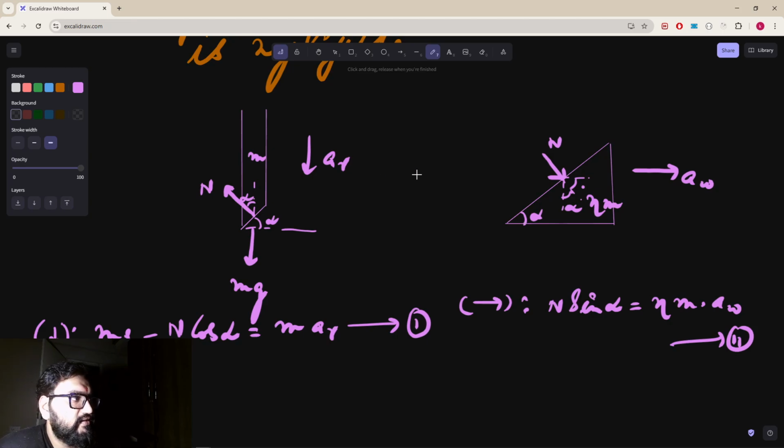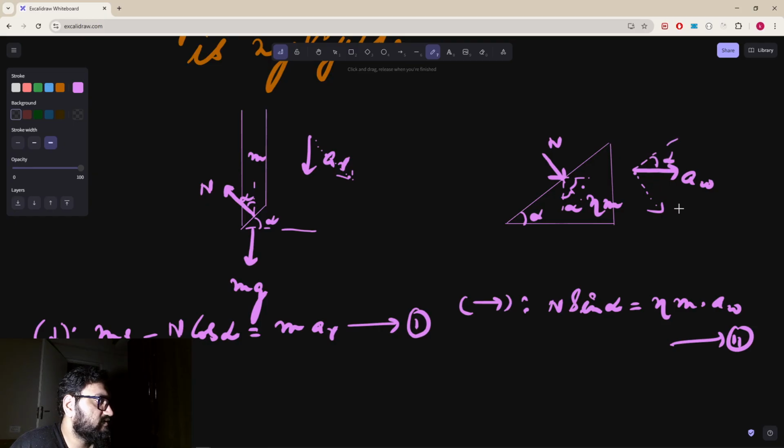What I mean is, AW is going to have a component perpendicular to the inclined plane, and AR is going to have a component perpendicular to the inclined plane. Perpendicular to the inclined plane, both these bodies are going to move with the same acceleration, because they are always in contact. Therefore, this is a constraint. Both of them are constrained to move together, perpendicular to the inclined plane.